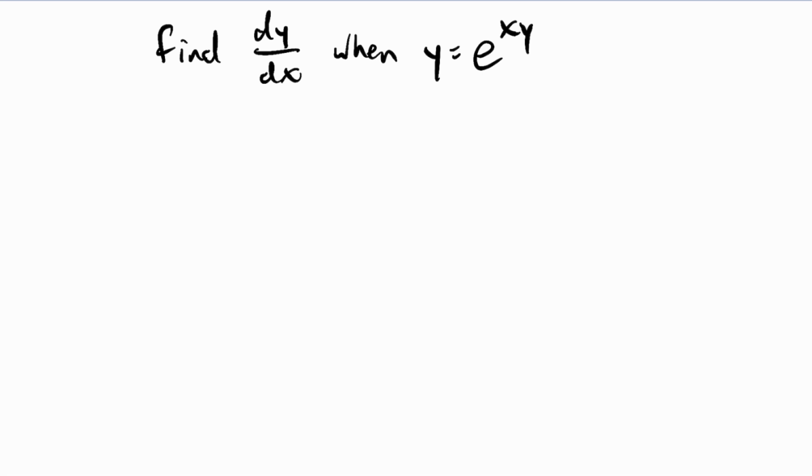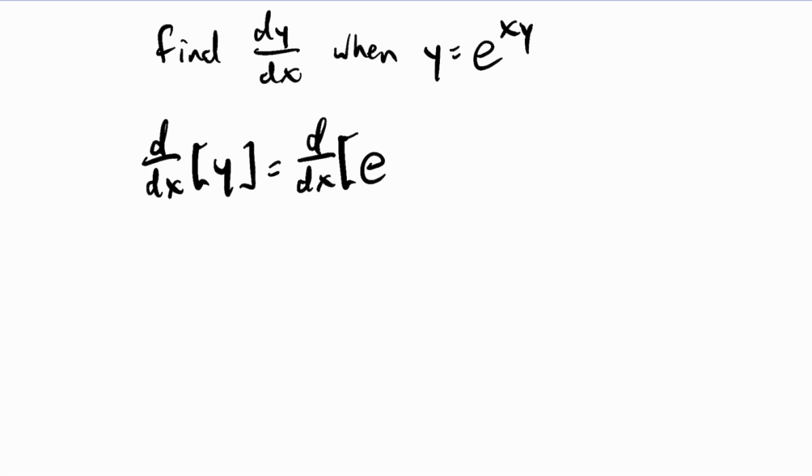So I'm going to apply d dx to both sides of the equation. So d dx of y equals d dx of e to the xy power. On the left, this is just the derivative of y, dy dx. If you want to be really sloppy, you could write y prime, but that's vague.